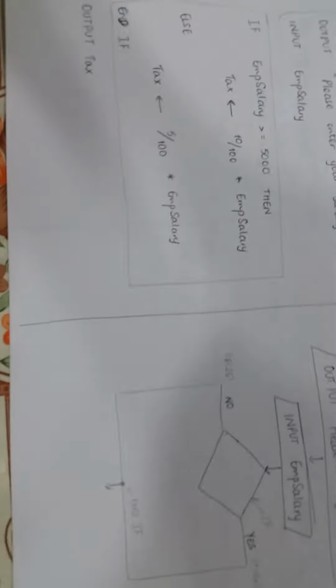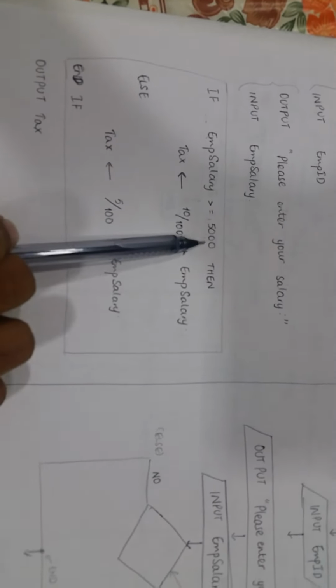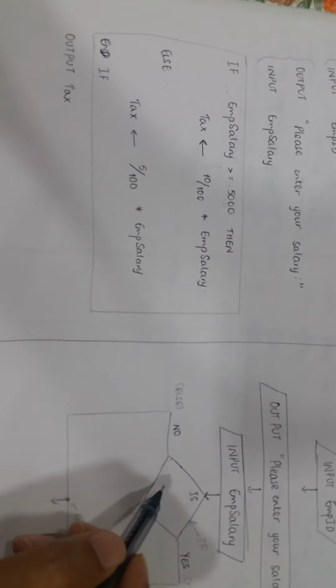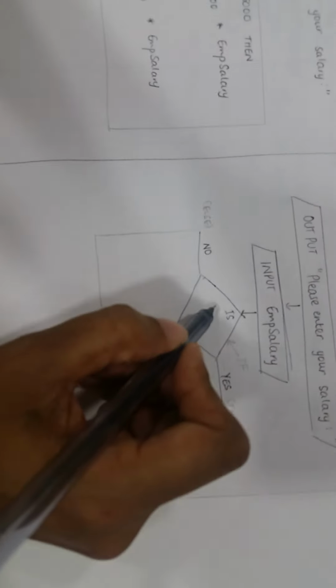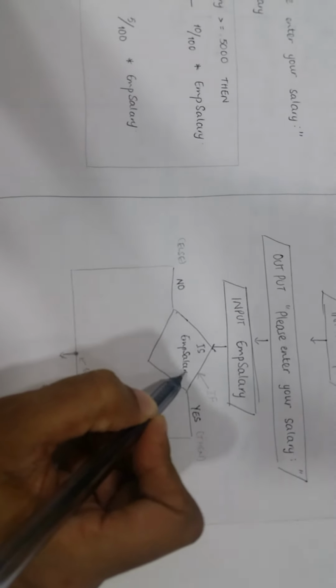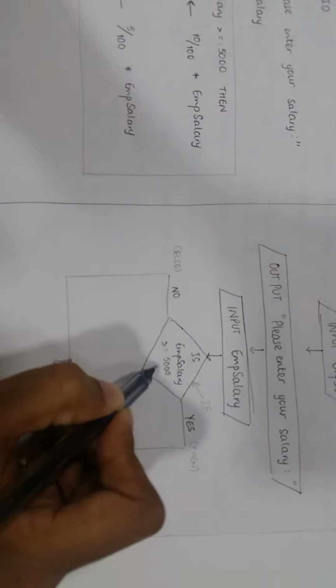So I'm going to construct my if structure. So I have employee salary as condition. So this is going to be converted into a question. The question is, EMP salary greater or equal to 5,000.